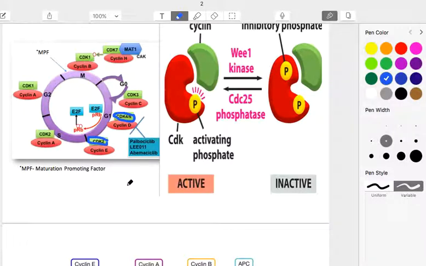There are different kinds of cyclins as I told you, and CDK depends on cyclin and gets activated. The activated CDK activates others by phosphorylating them. So that is very important.